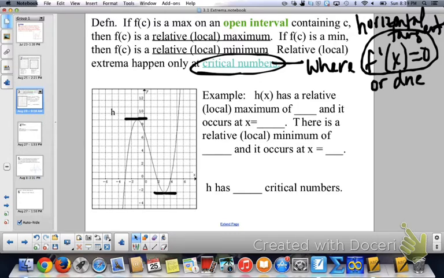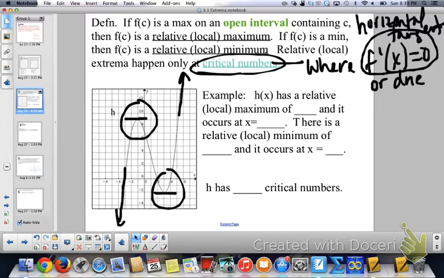Now, what that means is it's not an absolute extremum. Absolute was like back in the first example where you have an absolute max and absolute min on a closed interval. You don't always have absolute, especially in this case, because this graph continues going up infinitely and this continues going down infinitely. But right in this area, we have what's called a local or relative max. And right here, we have a relative or local min.